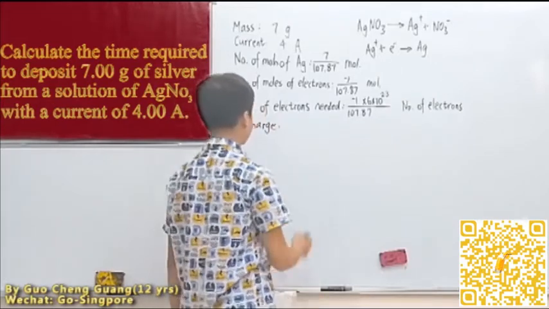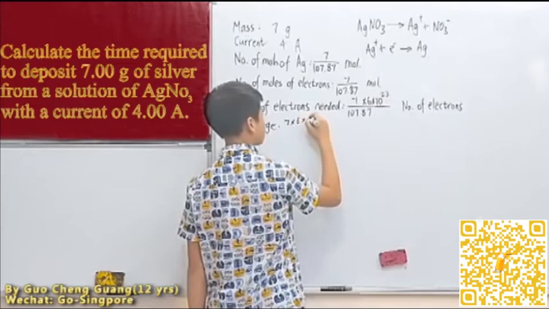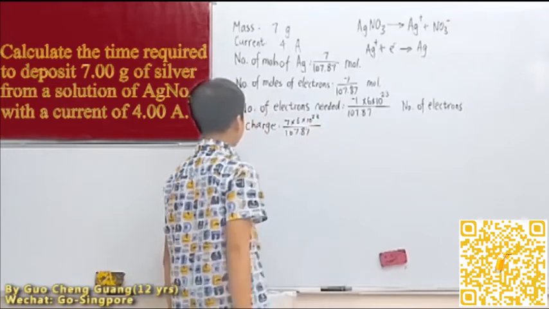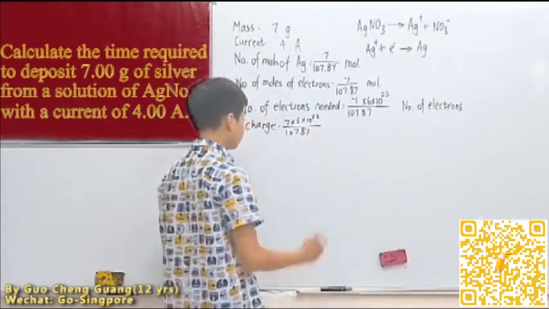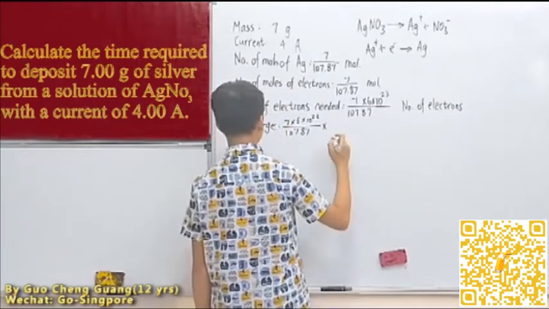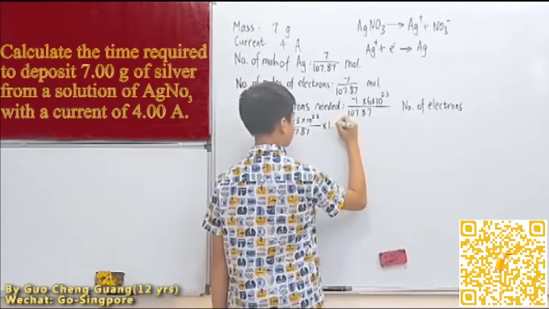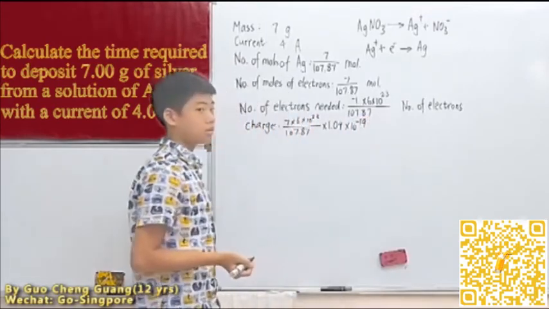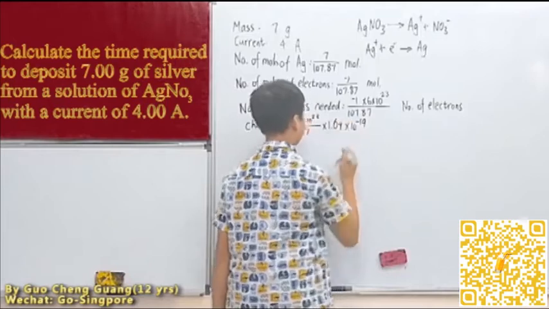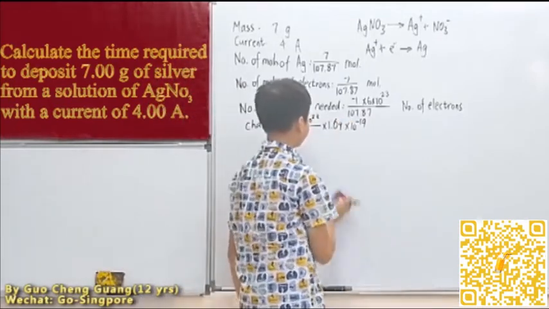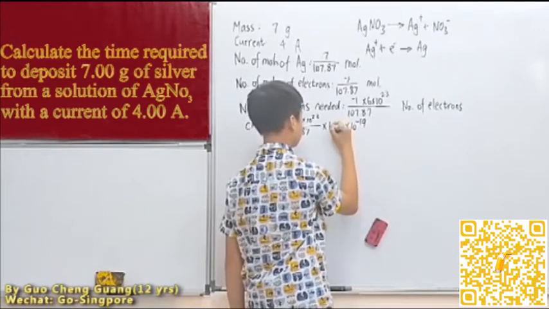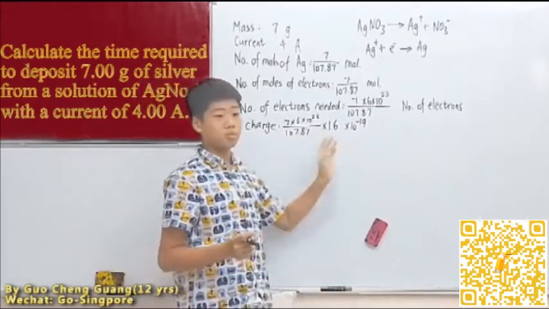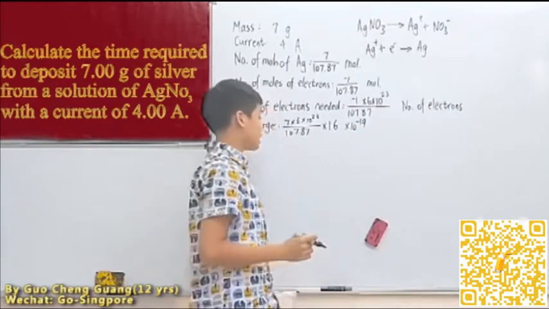From here you have to times 1.6 times 10 to the power of negative 19.